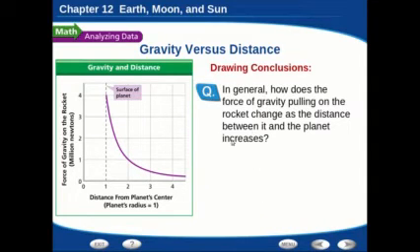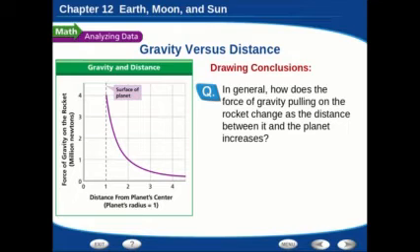But let's see. In general, how does the force of gravity pulling on the rocket change as the distance between the rocket and the planet increases?